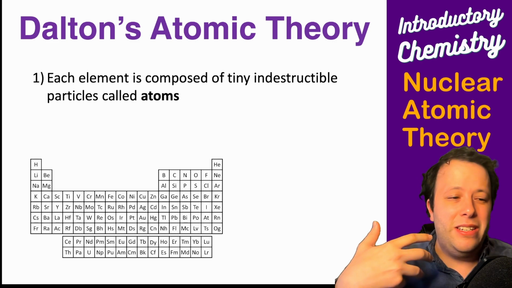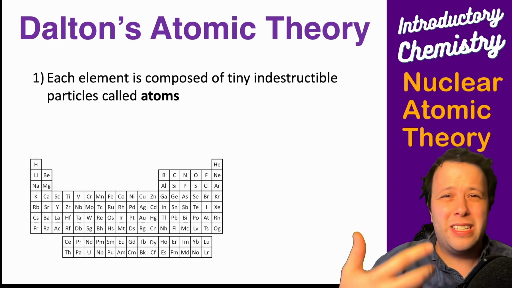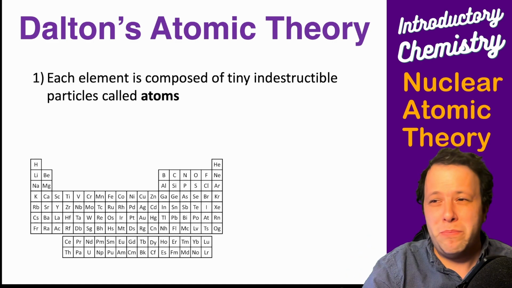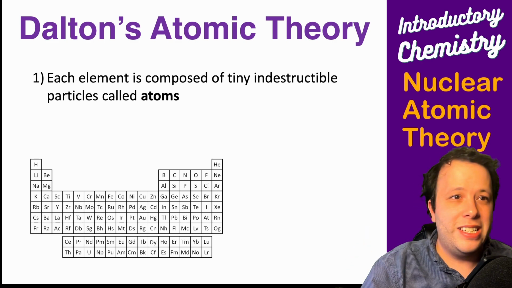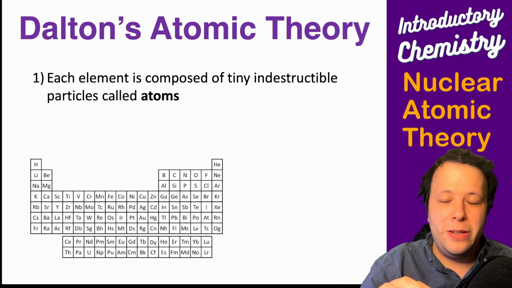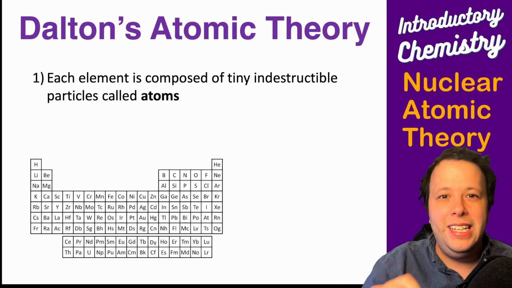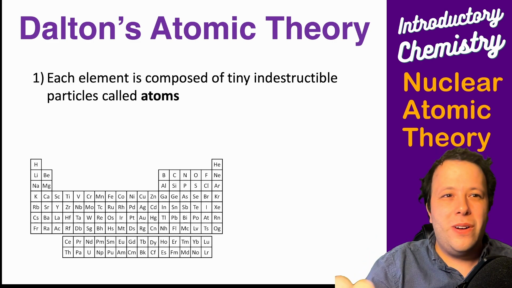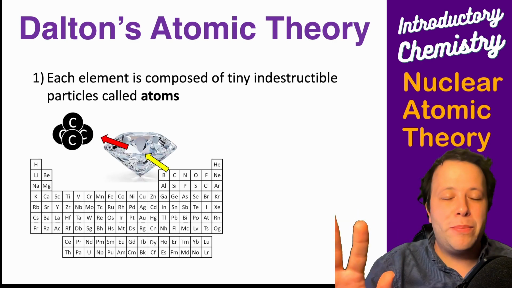It's been in development through observations and measurements and theories across many, many generations of scientists. Now, with Dalton, his whole idea was that every single element is composed of tiny, indestructible particles called atoms. All these individual atoms can come in many different ways because they all have unique properties.